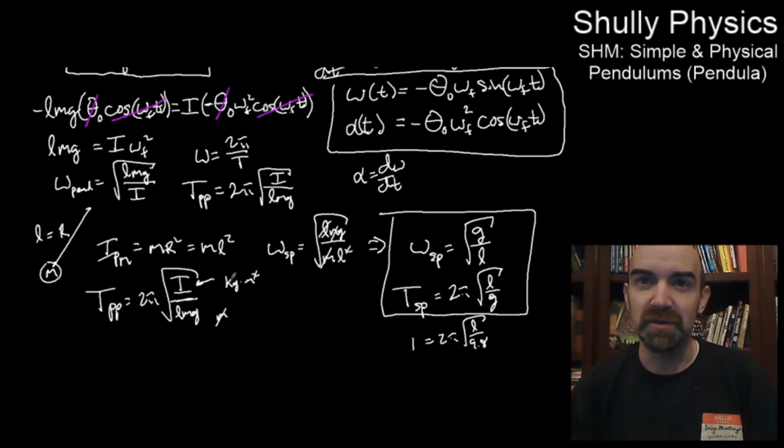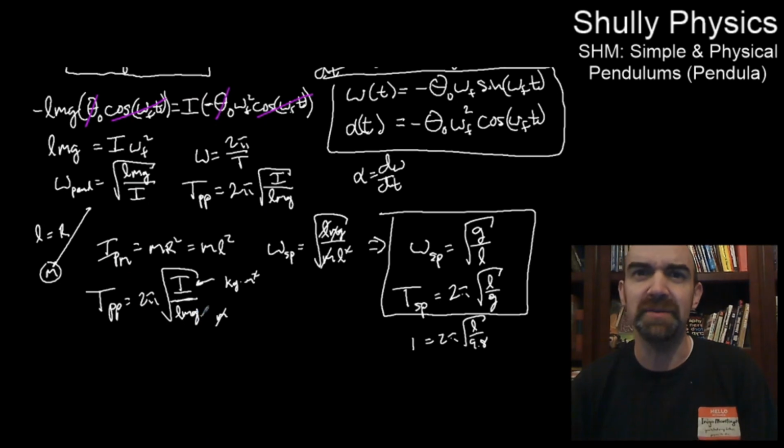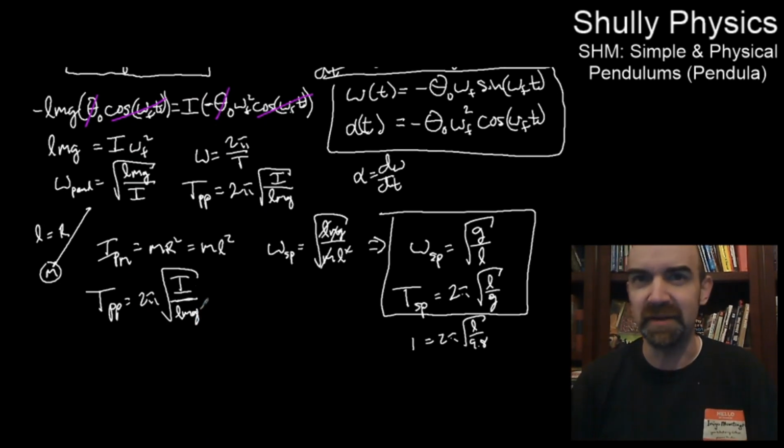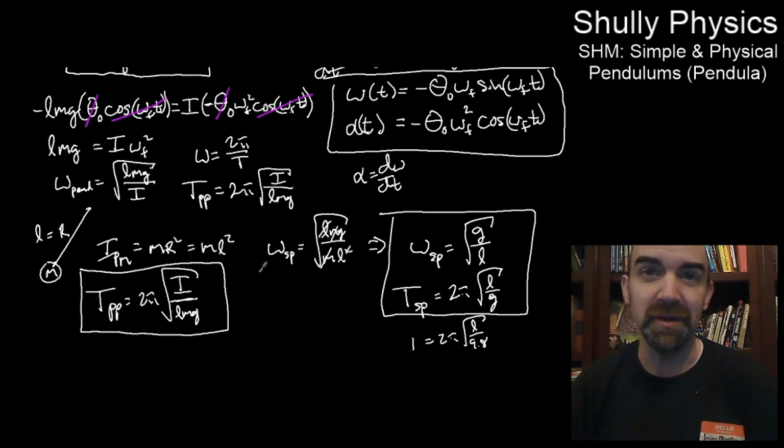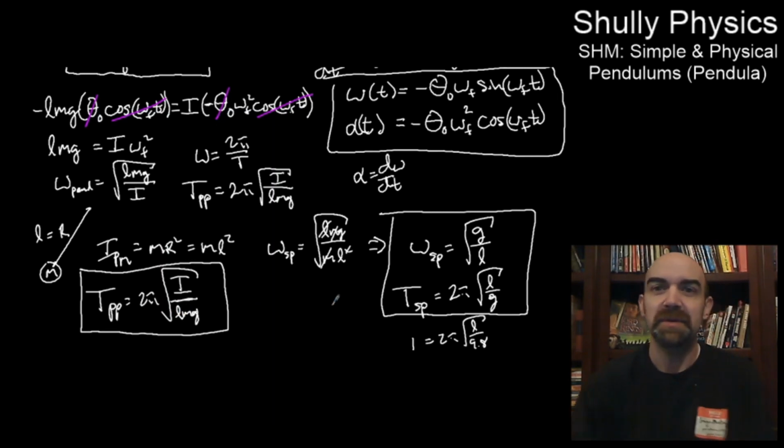Also remember there's a kilograms up top, and that's going to cancel out with the mass down below. So don't forget about that if you're ever comparing quantities. Will this affect the period in this way? Remember that I is loaded up with kilograms meters squared, and that'll cancel out the kilograms and one of the meters on the bottom. But anyhow, that's your simple and physical pendulum.